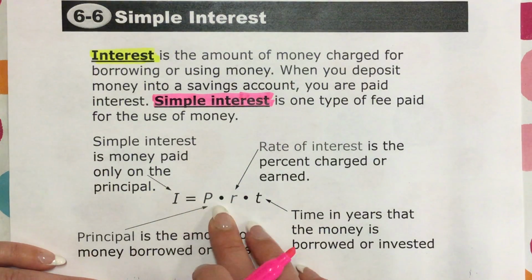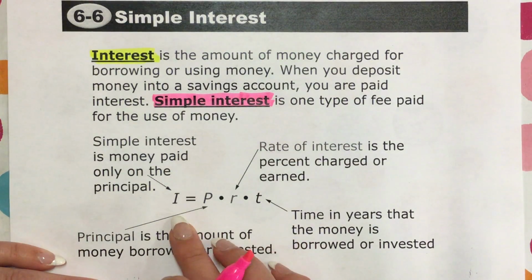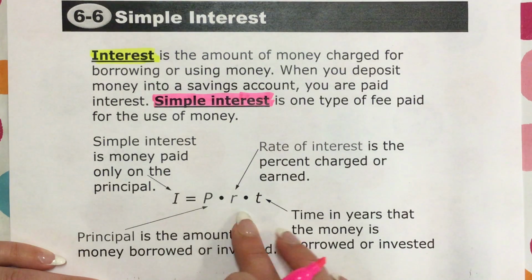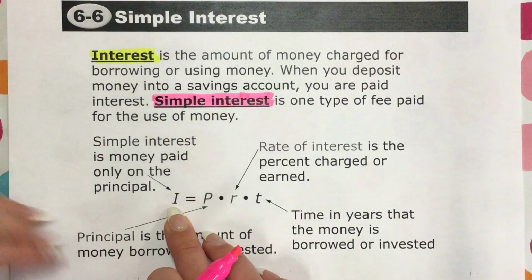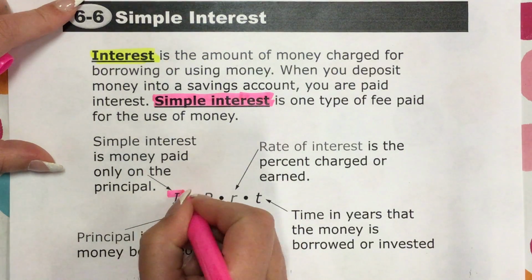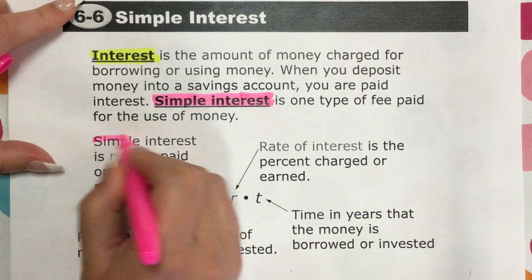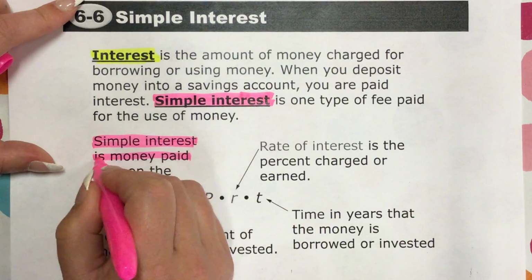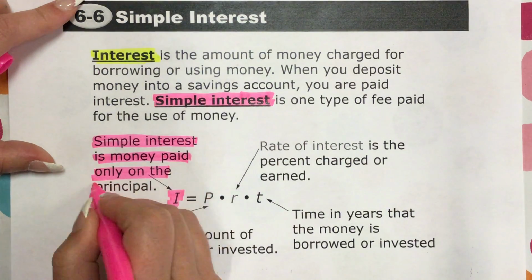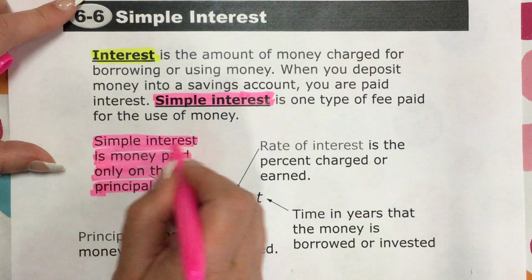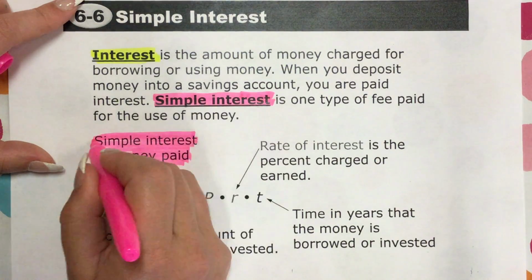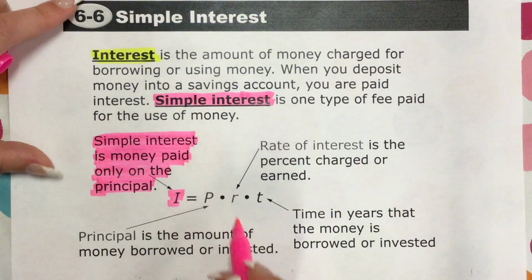Down here, this is a formula that we're going to be using throughout the examples that we're looking at that deals with calculating simple interest. So here is the interest. The simple interest is the money paid only on the principal. Now, before we can really talk about this, let's talk about what the principal is. Okay?